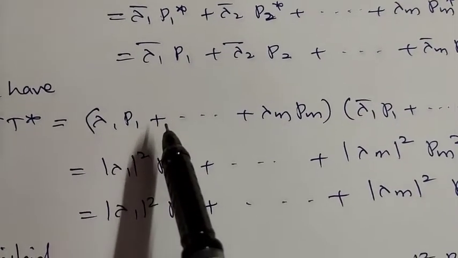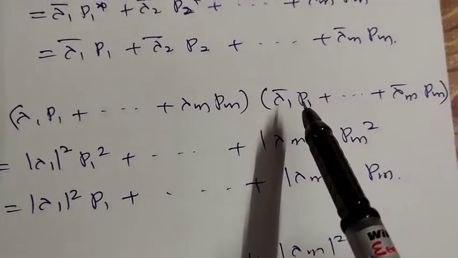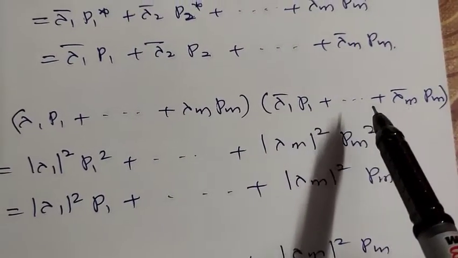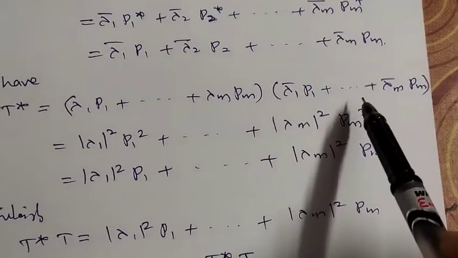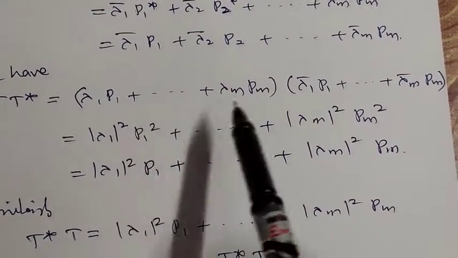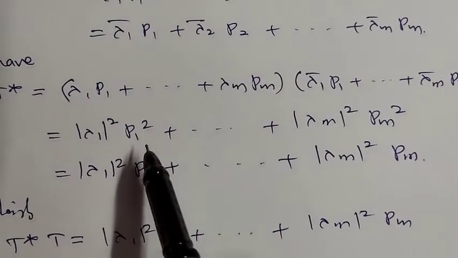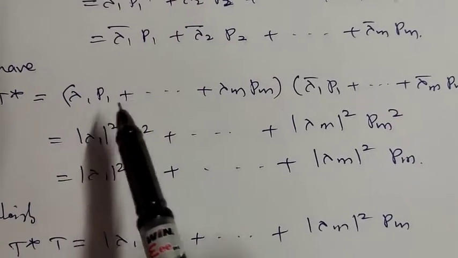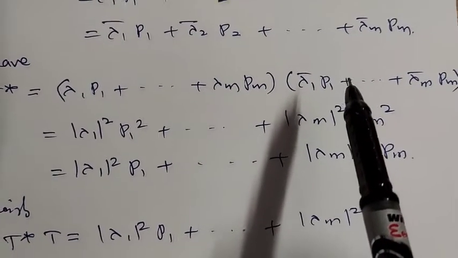T is lambda 1 p1 plus lambda 2 p2 etc. lambda m pm into T star, which is lambda 1 bar p1 etc. lambda m bar pm. So you multiply both these two, you get lambda 1 into lambda 1 bar is mod lambda 1 square into p1 into p1, which is p1 square. Next is lambda 1 into lambda 2 bar into p1 into p2, which is 0.